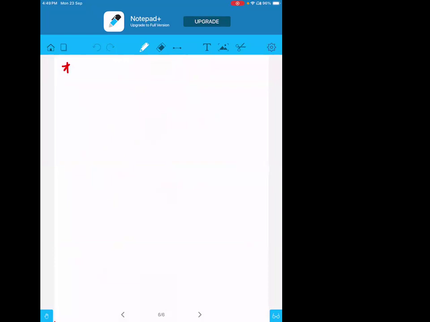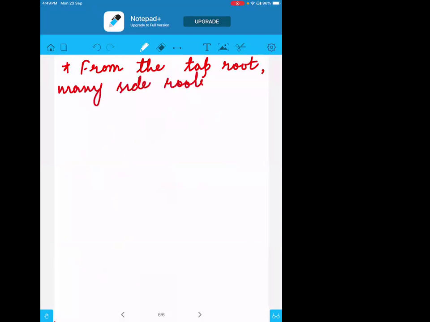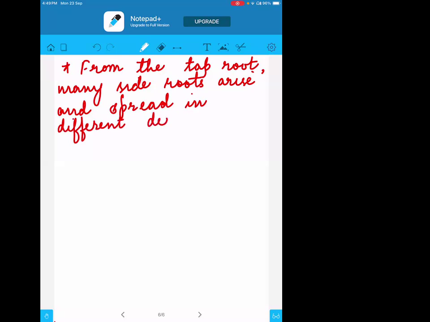So the next point is, from the tap root, many side roots arise and spread in different directions. So from wherever they are arising, they will start spreading in those directions.